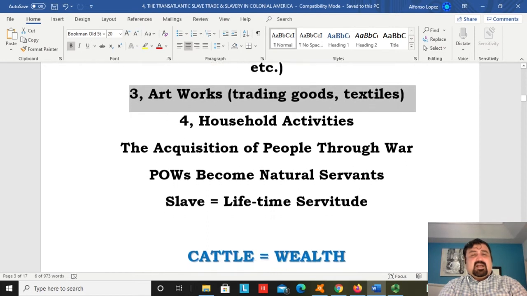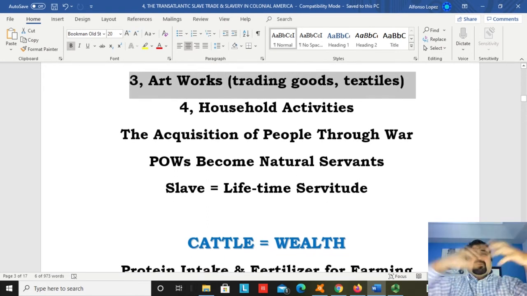Of course, artworks. In Africa, what we see is that labor was also used to generate artwork, artisans that were weaving textiles, for example, clothing, items and so on by hand, or artisans that were crafting figurines or different types of artwork, religious art and so on, that was often used for trade.